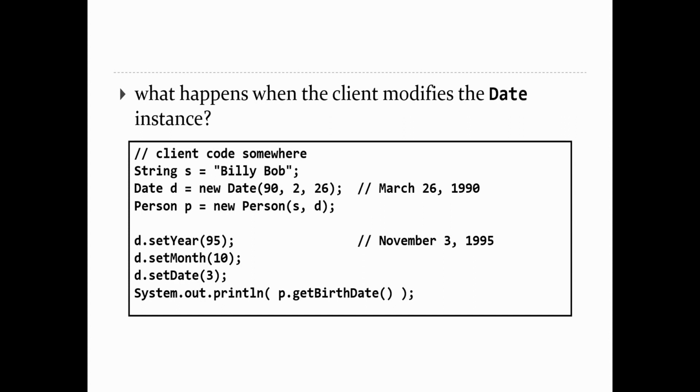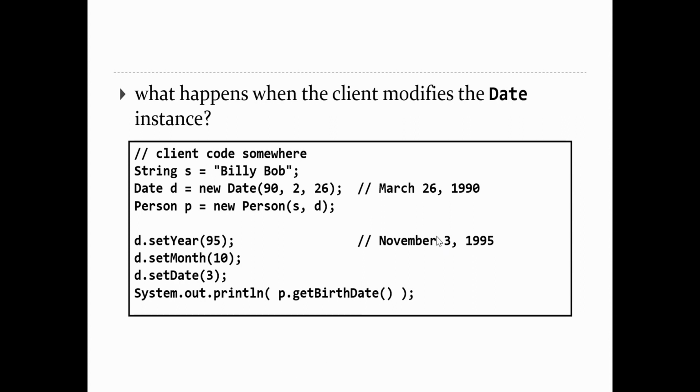So what happens if either the person or the client modifies the date? So d.setYear(95) changes that object here to 1995. If we change the month to 10, that changes it to November. And if we change the date to 3, that now becomes November 3rd, 1995. So if you now ask the person, when were you born?